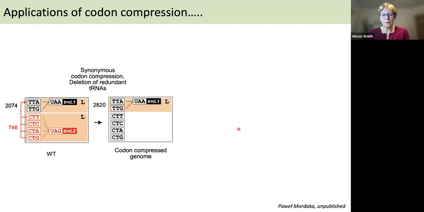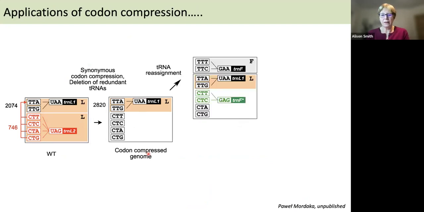So I explained this already, but by removing these 4 codons, we only need 1 of the tRNAs. Then we could reassign that tRNA to insert a functional amino acid, such as phenylalanine.